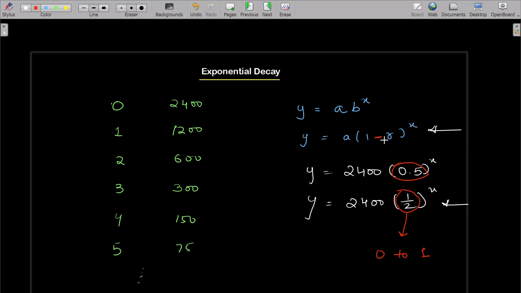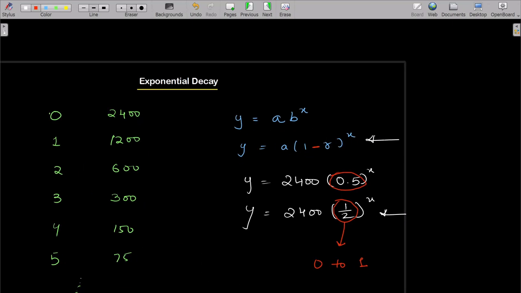Or if you see 1 minus r, it's easy to identify that this is the case of decay. But if it is not written in 1 minus r form, and the number is between 0 and 1, 0.5 is between 0 and 1, right? So just immediately understand that this is the case of decay.